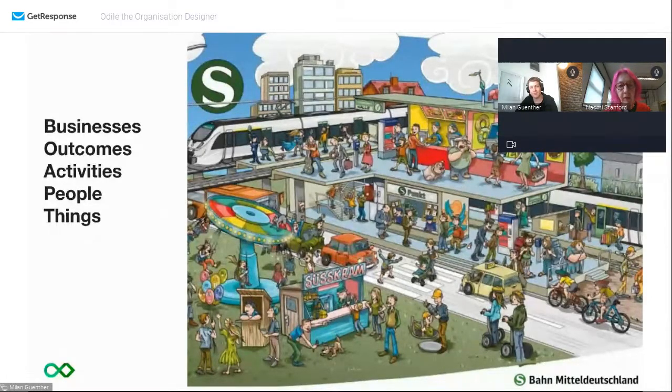What are the activities to deliver the outcomes within the different businesses? What types of people do we need? What skills do they have? What skills do we want them to have in the future? And what are the things that make the organization tick in terms of power, politics, business processes, technology platforms, and so forth?